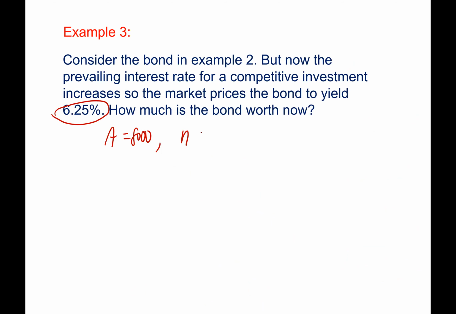N is 12, still compounding monthly. Time T is 20 years. So the rate is different now. It's a higher return now, so this is 0.0625.